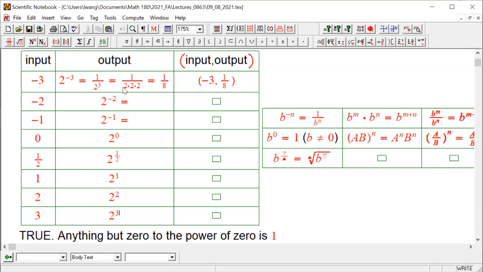I chose some fractions there just to show you, you can have negative, you can have fraction, you can have any real number there. So what is 2 to the power negative 2?